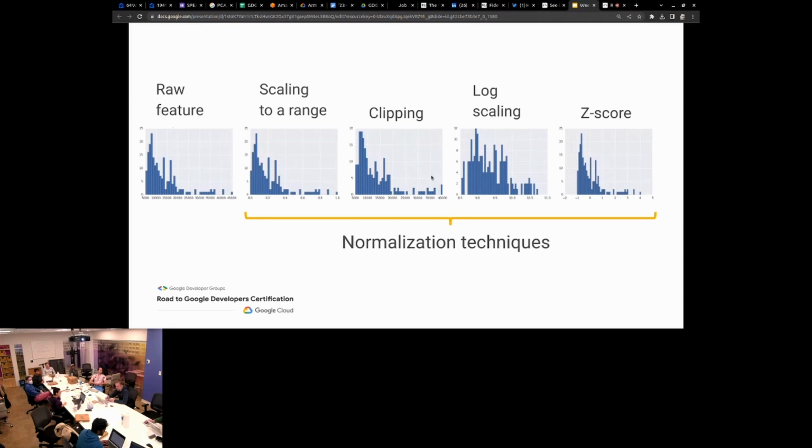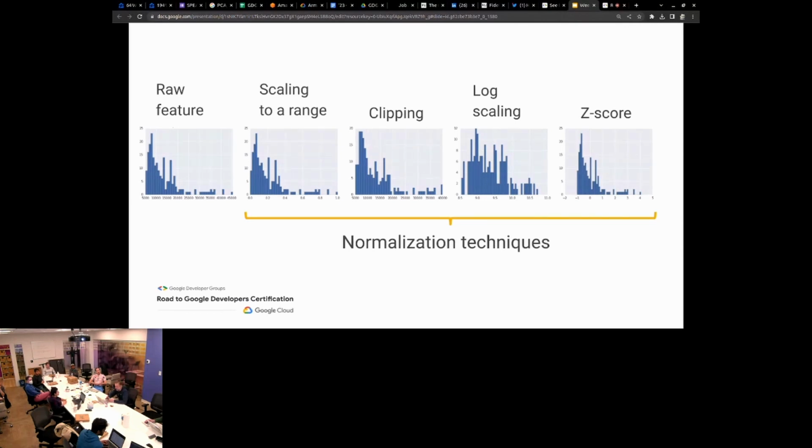For log scaling, now we are calculating the power law for each value. So now the value is not what we used to see. We are not saying 5,000 anymore. All of those numbers are now smaller, and I think they use the regular logarithm.